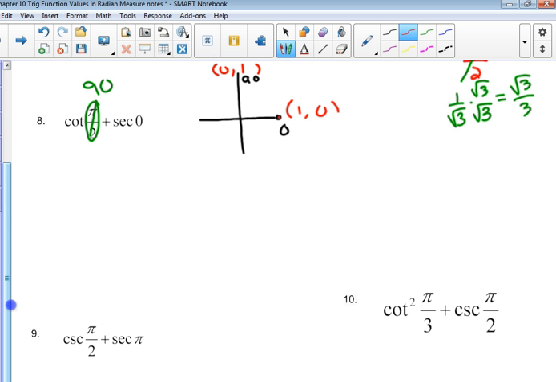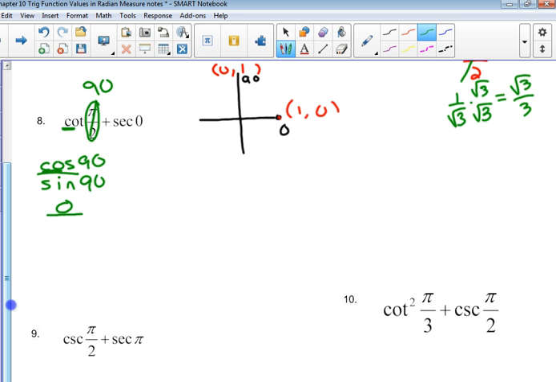Good, 0, 1, nice. Now, when we do cotan, can one person tell me what is cotan made up of? You could flip tan or cosine over sine. The cotan is the cosine on top. So if we figure out what is the cosine up there at the 90? 0.